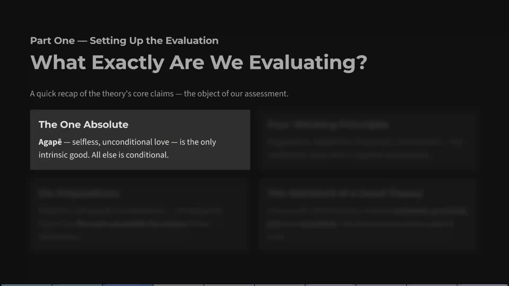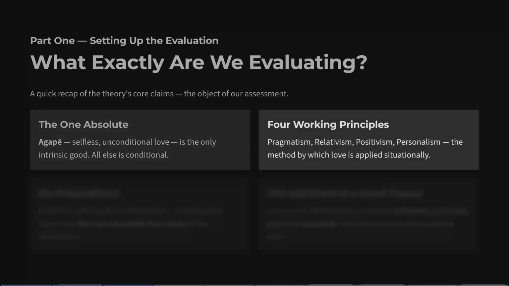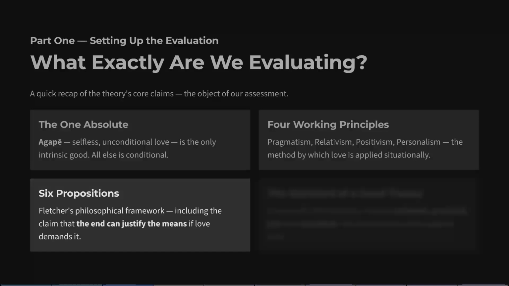Everything else, including law, scripture, tradition, and established moral rules, is relative to the situation. The four working principles, pragmatism, relativism, positivism, and personalism, govern how the situationist approaches every moral decision. The six fundamental propositions define what love actually is and how it demands to be expressed.